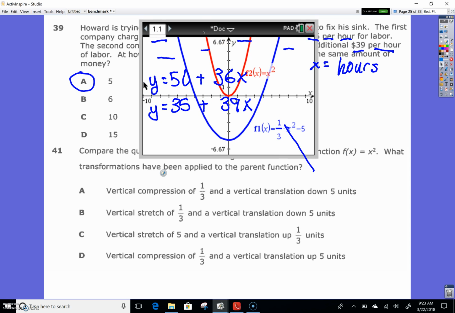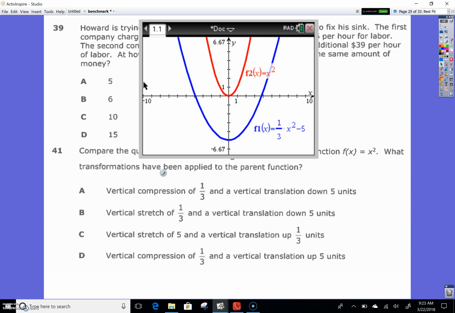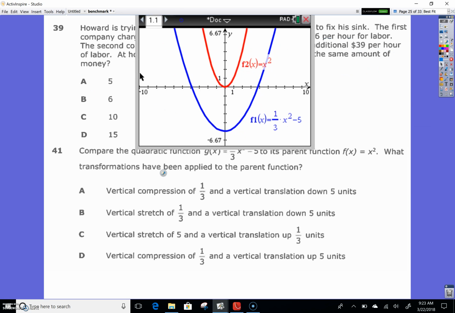Let me delete this. Okay, compare the quadratic function g of x is 1/3 x minus 5 to its parent function x squared. What transformation has been applied? So if you look at this, this is my g, this is my f.